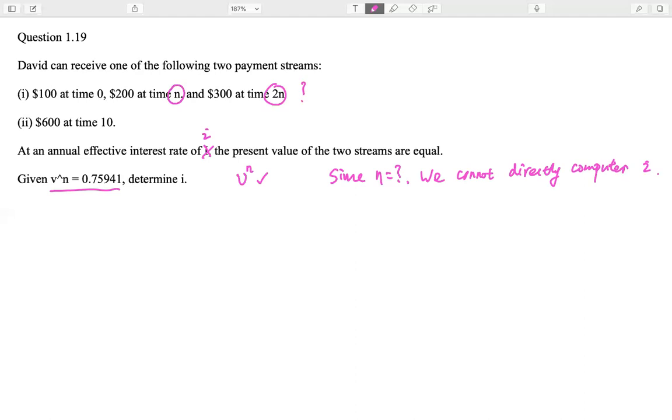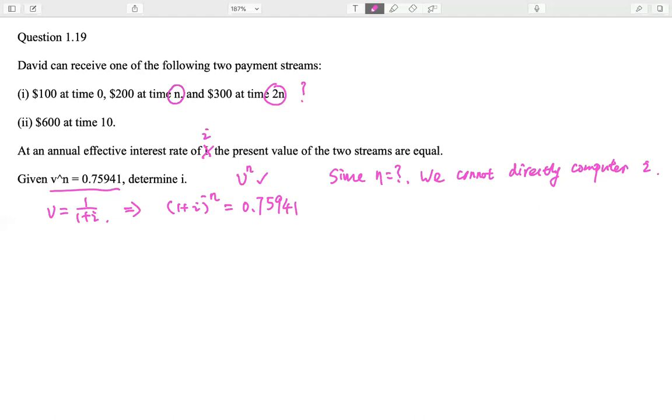So we know the relation between v and i. v is 1 divided by 1 plus i. So this means (1 plus i) to the negative n equals 0.75941. If we know n, obviously we can solve this equation to get i, but we don't know n. And in fact, you will never know what n is. You can come back to calculate, but you don't need to, okay?